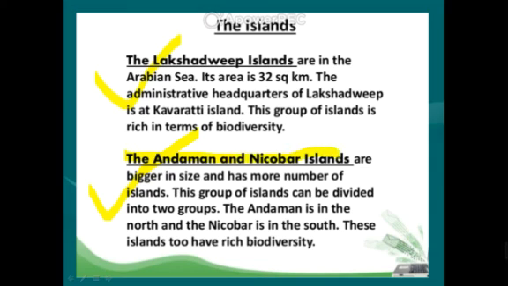The Andaman and Nicobar Islands were formed by volcanic eruption, and many people live there. The capital of the Andaman and Nicobar Islands is Port Blair. Okay, and the next one is the Lakshadweep Islands, which are located in the Arabian Sea and were formed by coral.